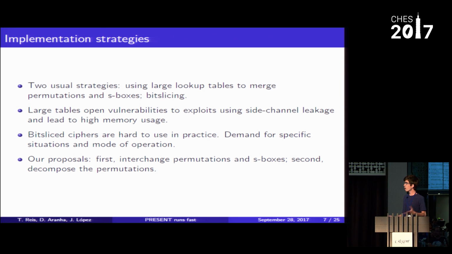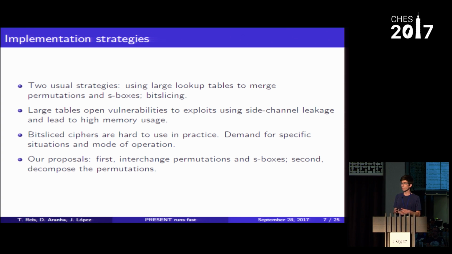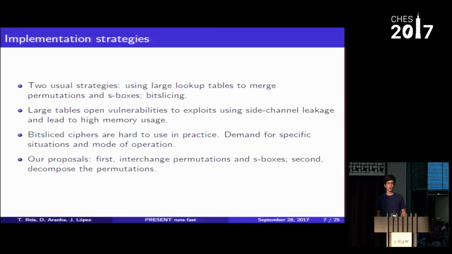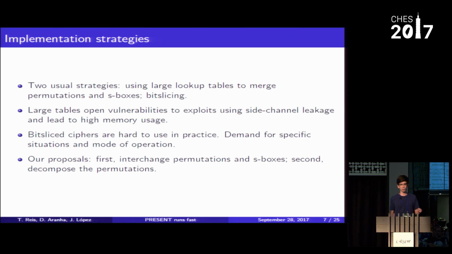And now, how do people usually implement present in software? Well, we already said that it's regarded as a hardware-based block cipher, but, well, people definitely implemented it in software. Searching throughout public repositories and published work, we noticed 2 main strategies.